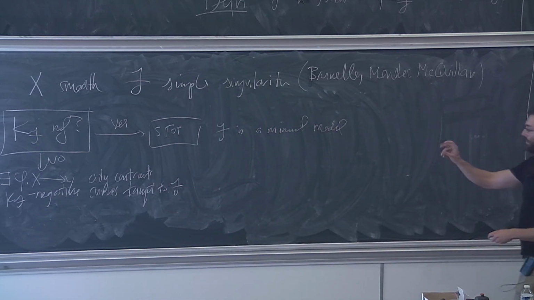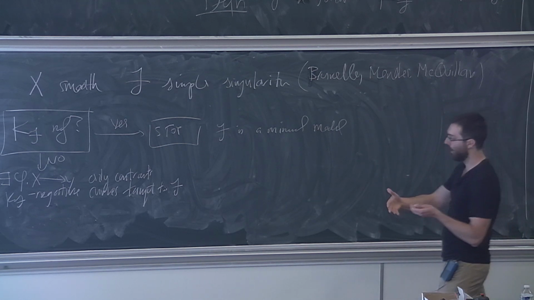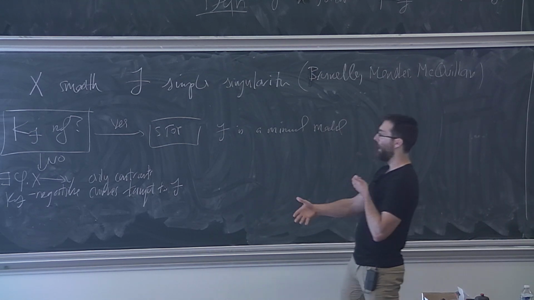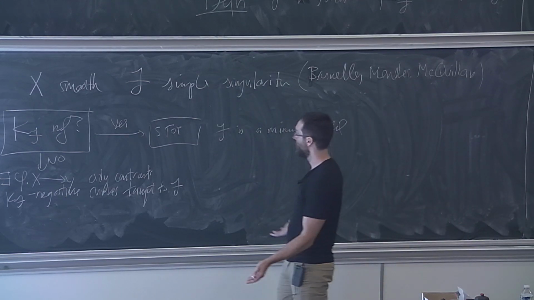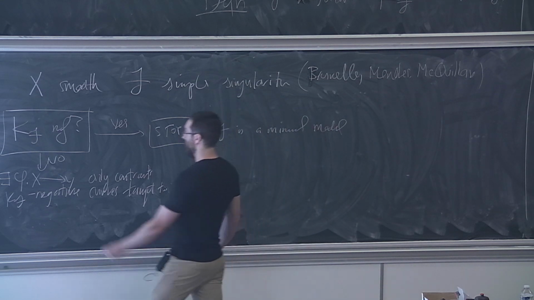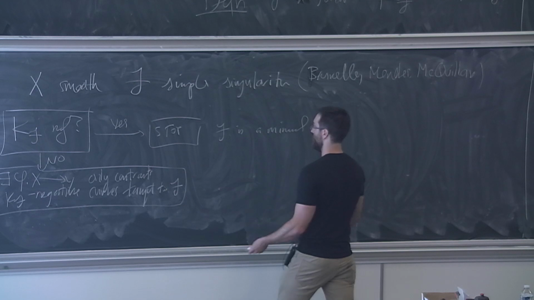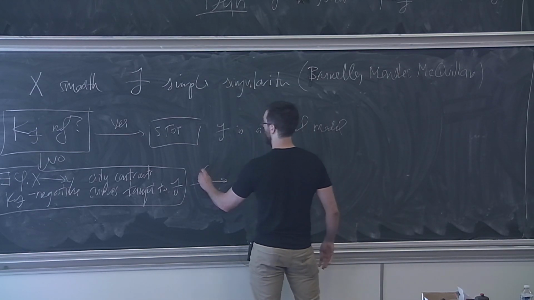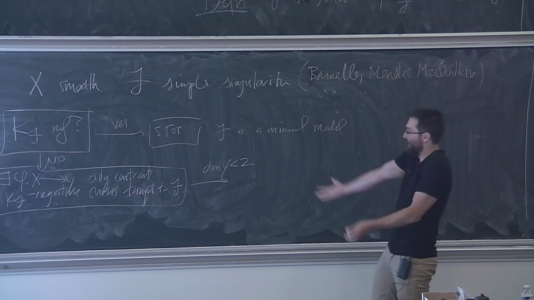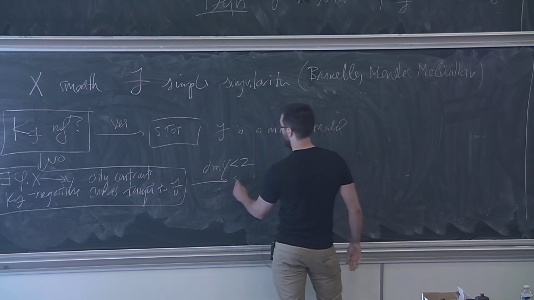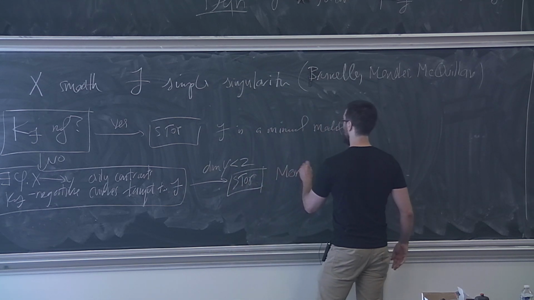You should think that we're modifying the foliation leaf-wise, or running a relative MMP over the leaf space of the foliation, whatever that means. We have this contraction, and there are two possibilities. Either the dimension of Y is less than 2, the dimension of X, and we stop. Here we have what's called a Mori fiber space.